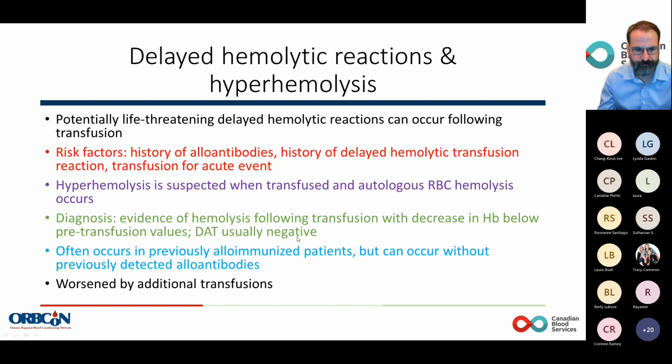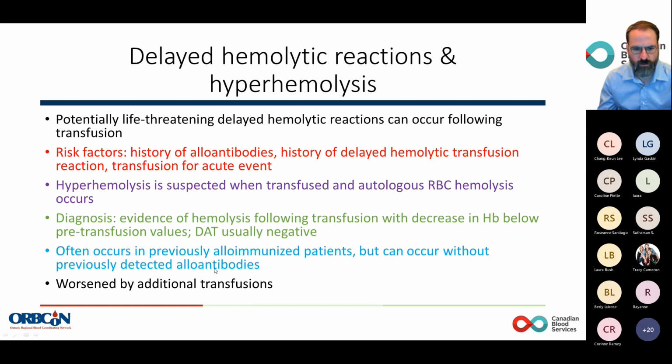They're all being destroyed. It often occurs in patients that have been previously alloimmunized, so that's where this risk factor of having a delayed hemolytic reaction comes in, and having a history of alloantibodies. But it can occur even if you don't have previously detected alloantibodies. So someone who's got a fairly clean screen can still be at risk of developing these delayed hemolytic and hyperhemolysis type reactions.